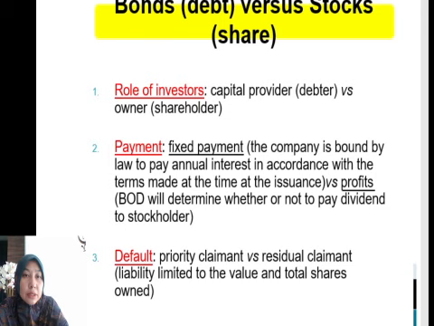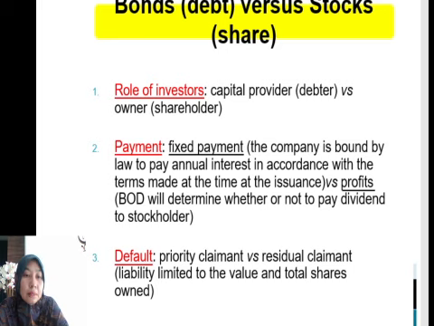But for the borrower, the debtor, whatever happens, they will receive their capital. But for the shareholder or the stockholder, it depends. There are two types of shareholder, the limited liability and unlimited liability.